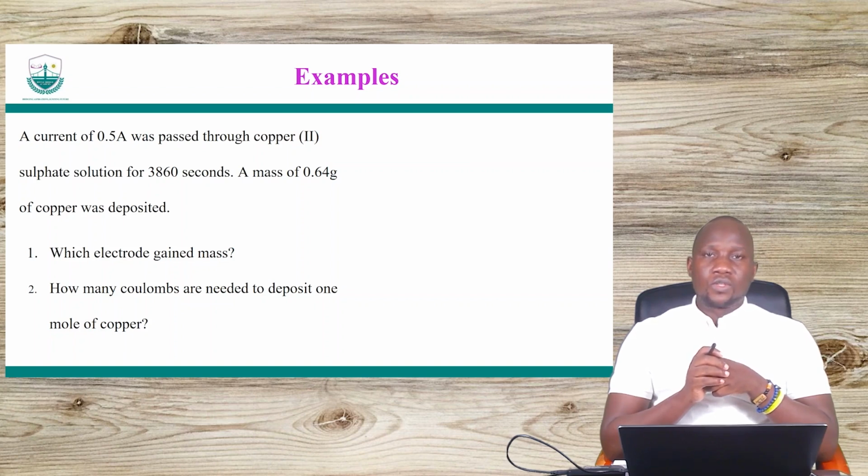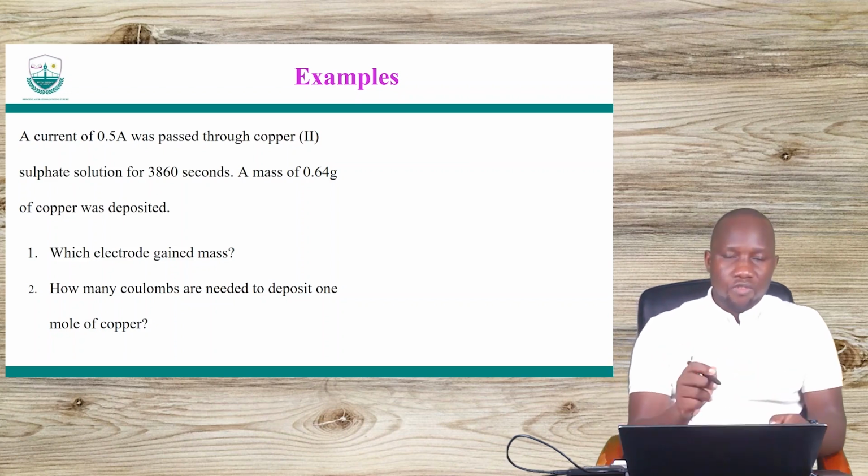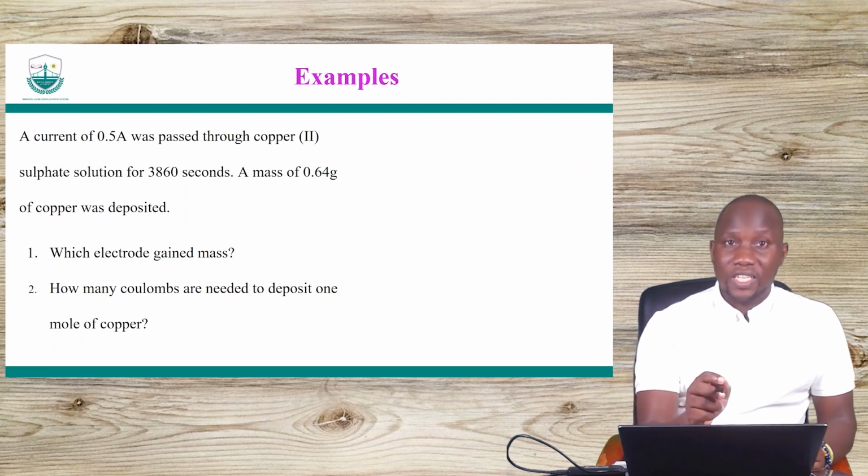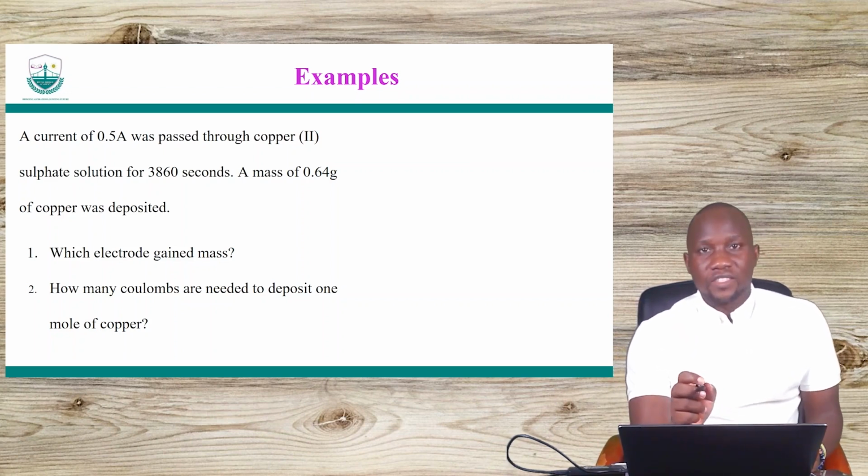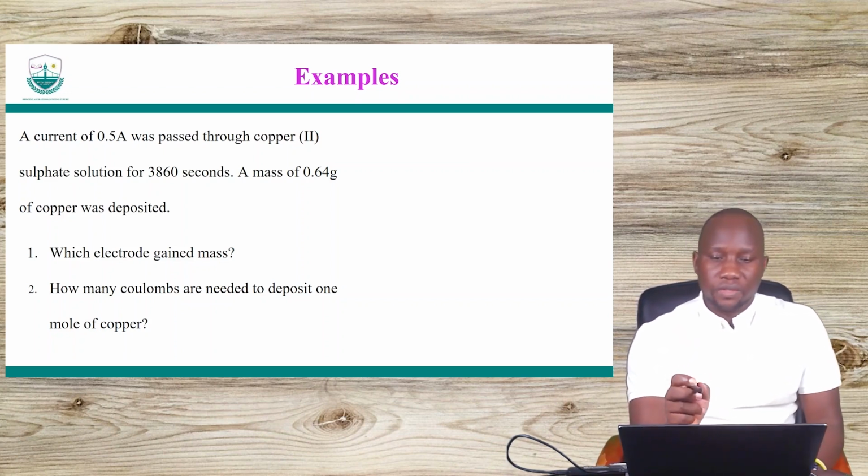Okay, so basically here you need to know, for you to have copper being deposited, what type of reaction is that? I guess you're saying it is a reduction reaction.